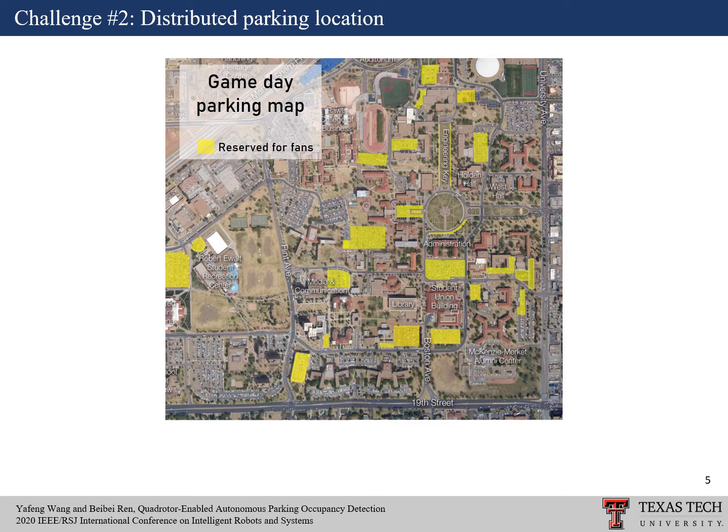Also, the maintenance cost is going to be high. So in this case, a portable system might be a good solution. For example, a quadrotor. We can command the quadrotor to fly over the campus and take images of the parking lot. Then we can do image processing and finally get the parking information. And this is what we're going to do in this paper using quadrotors.